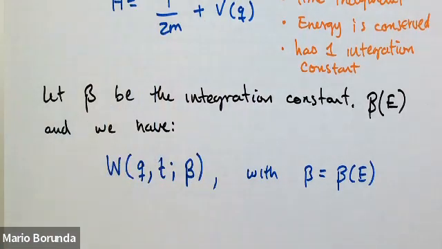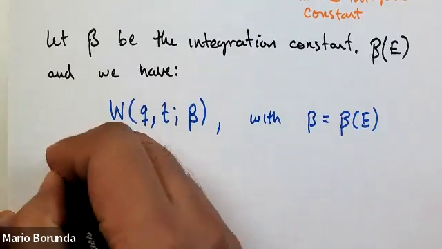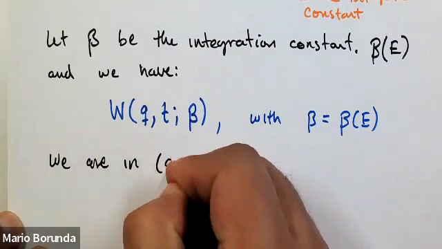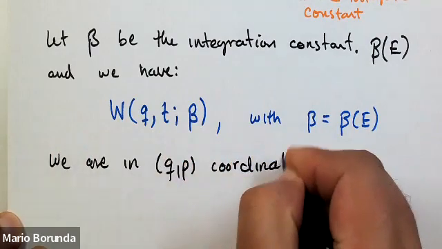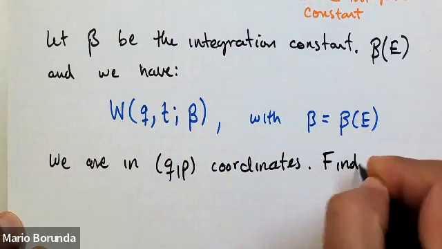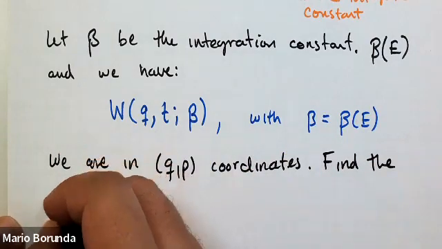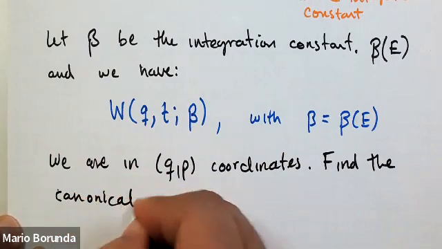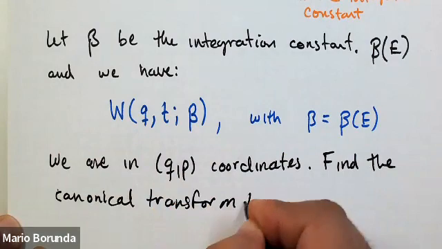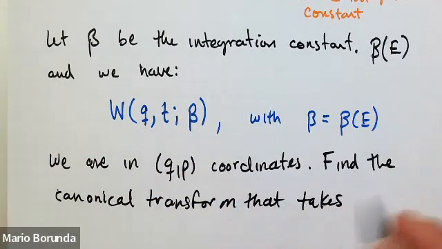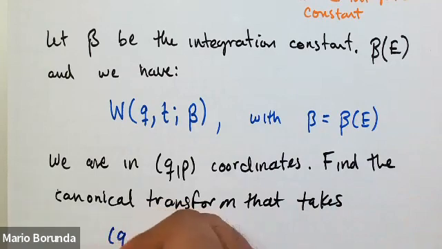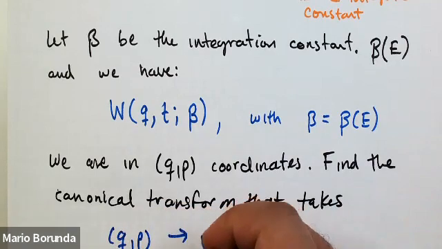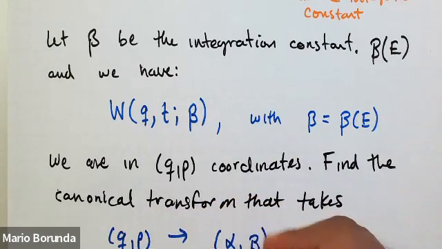So what we want to do with the action angles is, let's say that I don't work in Q and P coordinates, but rather, we want to find the canonical transformation that takes these Q and P coordinates into, let's say, new coordinates alpha and beta.